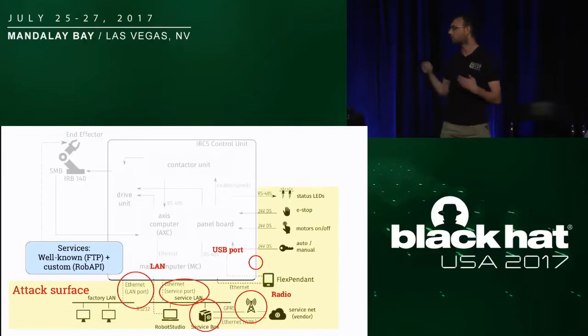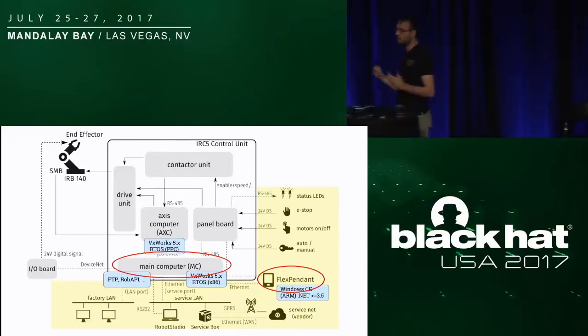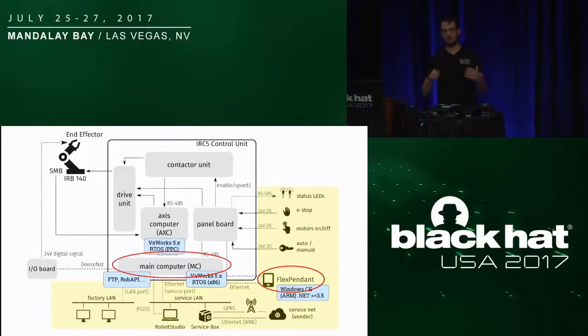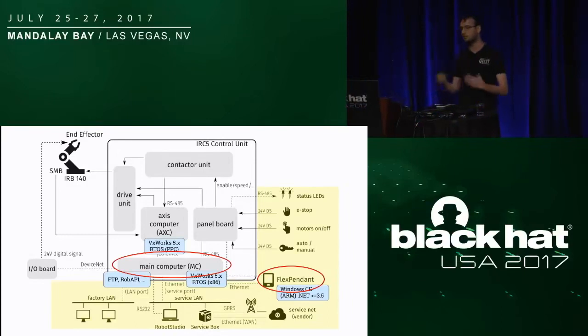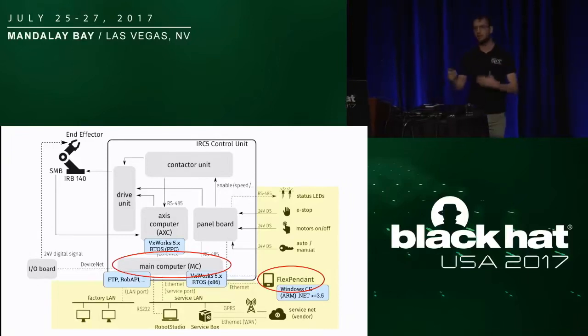So we focused our analysis on the main computer. From a technical standpoint, the main computer is an x86 system running a real-time operating system, VxWorks. A second component that is extremely interesting from our point of view, because it is the gateway between the user interface and the robot, is the Flex Pendant. The Flex Pendant is another embedded system which runs Windows CE.